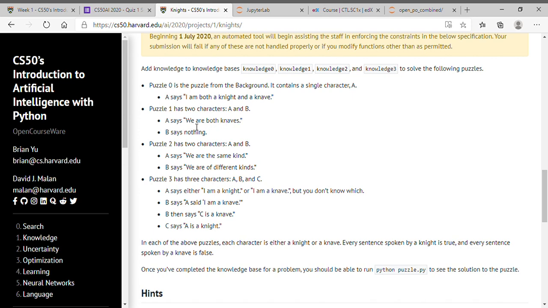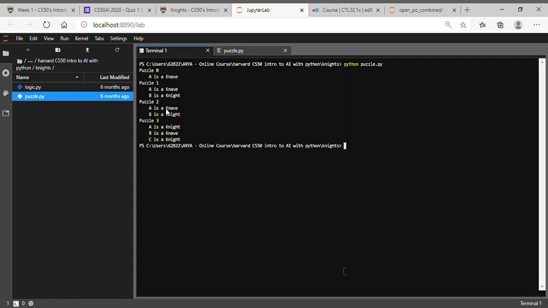So this is a sentence that only a knave can say. So in this case, A is a knave, which the computer correctly deduced.